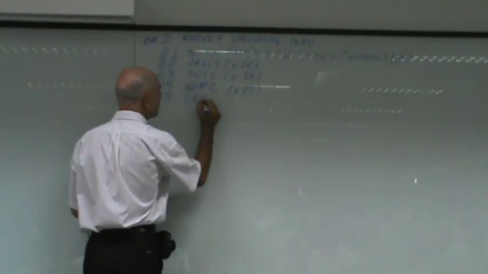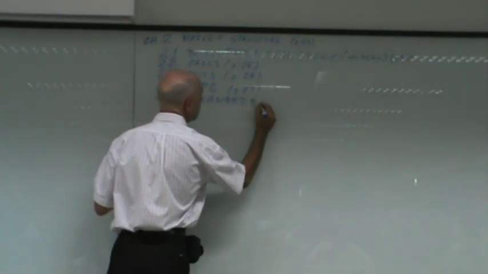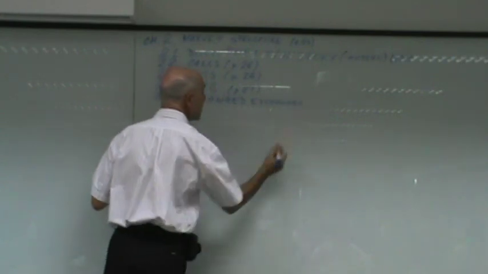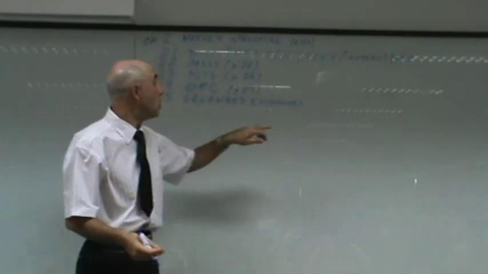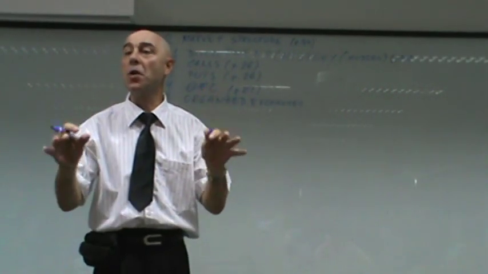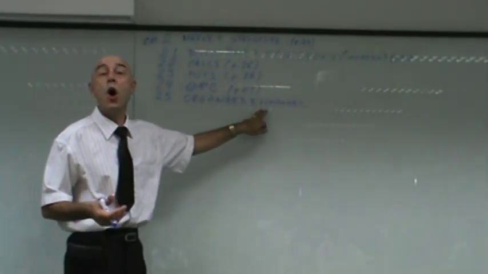And 2.5 is now the organized exchange for options. You see, from chapter 2 to chapter 7, I'm going to be talking only about options. So here, when I say exchange, I mean options exchange, page 28.